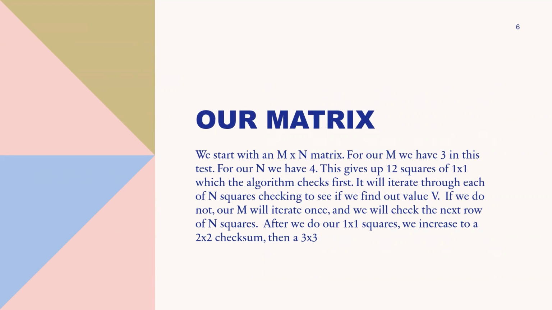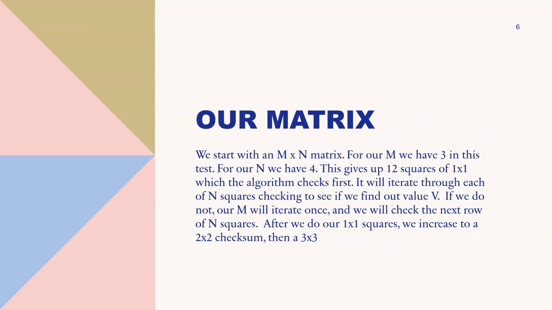The loop checks the first element, goes through each element of the row, then goes to the next row and checks each element until all 12 squares are checked. Then it checks for the value of v. Whatever we set v to, it's going to search for it.